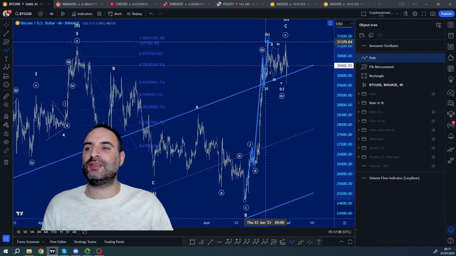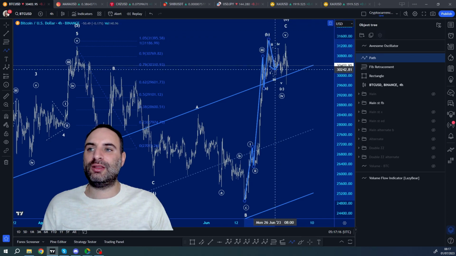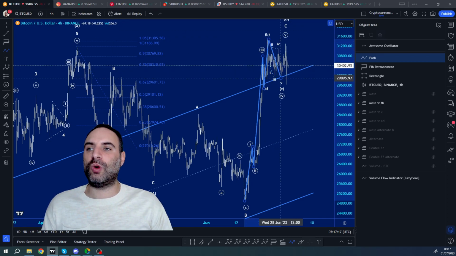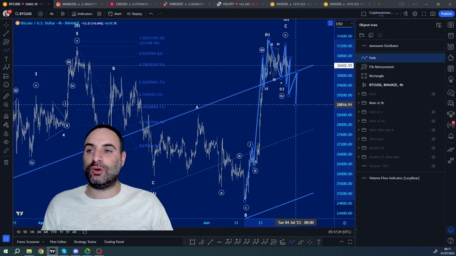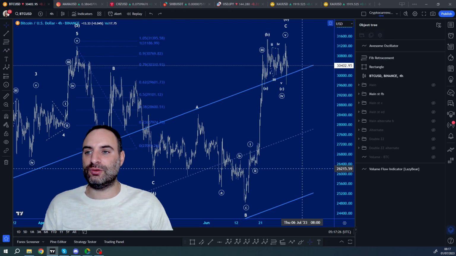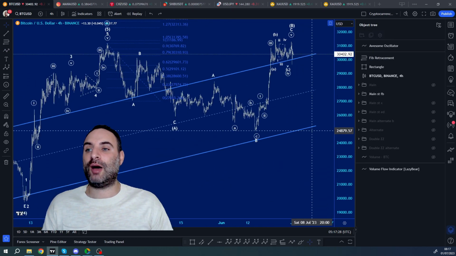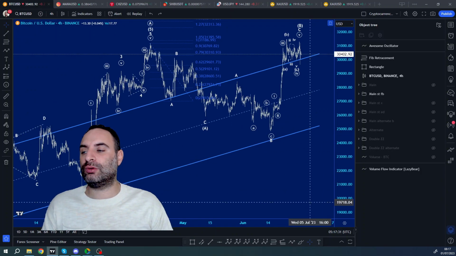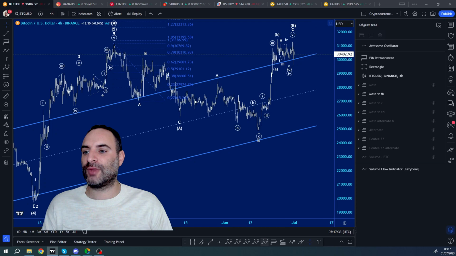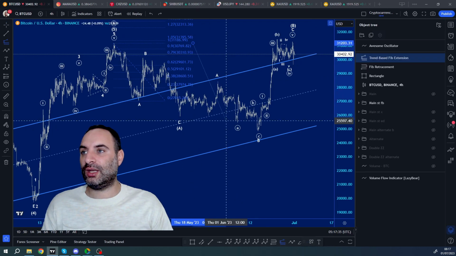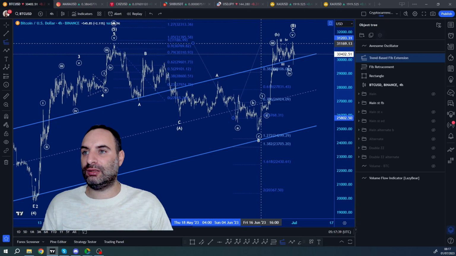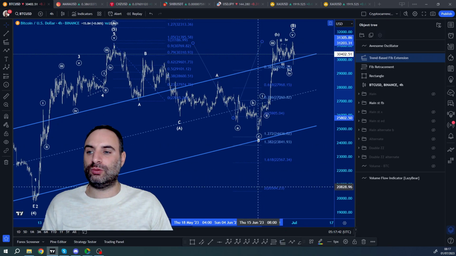Okay, and this is the only way for me where I would say, okay, we could have ended wave B, and maybe this is like a leading diagonal in 1 and a correction in 2, and we're going to see something like a leading diagonal starting here and then further continuation, which would be possible considering how much we would prefer to go down given the fact that we haven't done a decent correction. Even though with A and B, we would have to have an extended wave C here around 2050 at 200%.